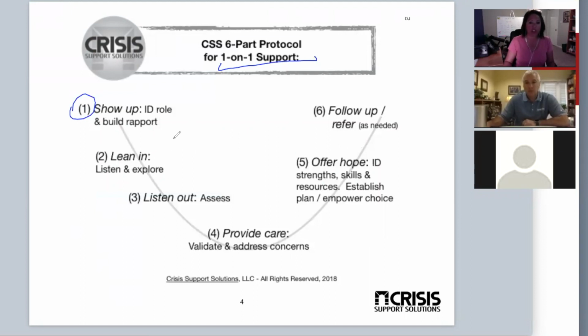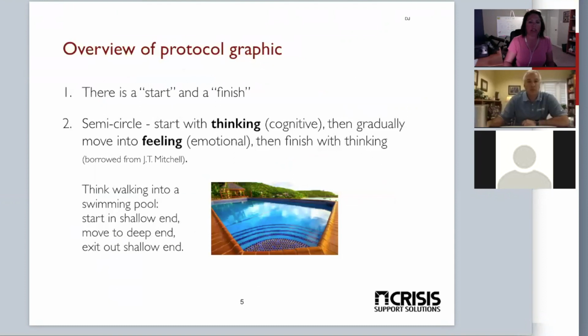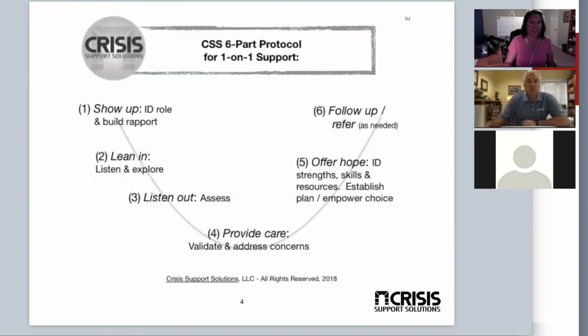A couple of things I want you to notice is that it goes in a loop, so to speak. I'm going to keep popping back between these slides. There is a start and there is a finish as it goes. So it goes from 1 to 6.